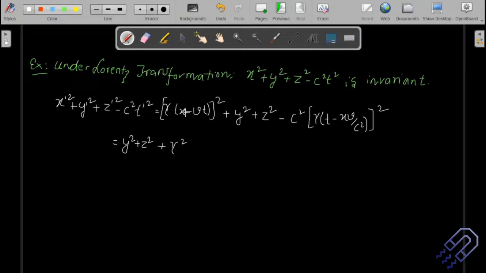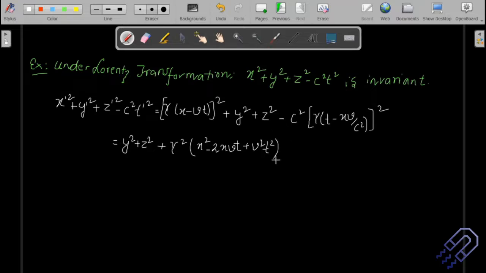No issues. We're going to expand this x minus vt, which is x square minus 2 times x vt plus v square t square. You can do it on your own also; I will keep on doing it, you also do it, and we will arrive at the same result.